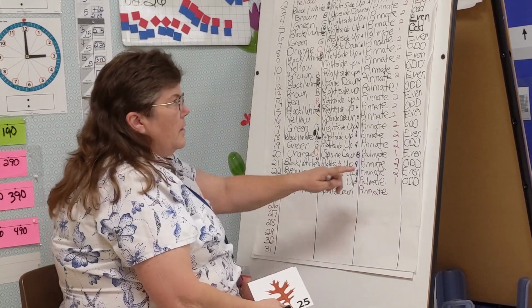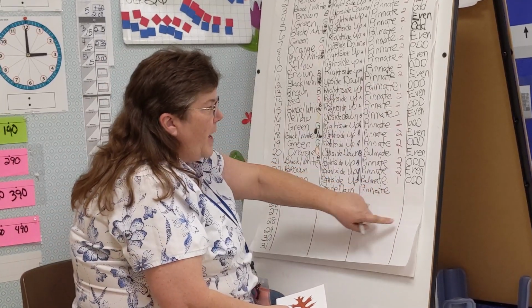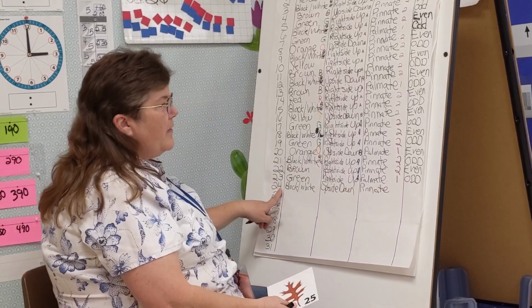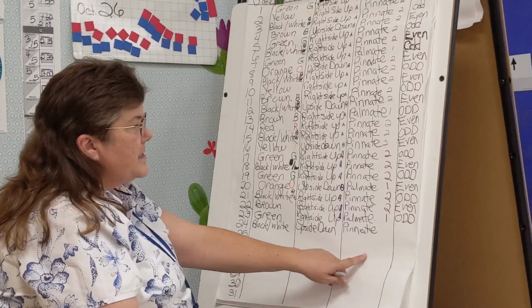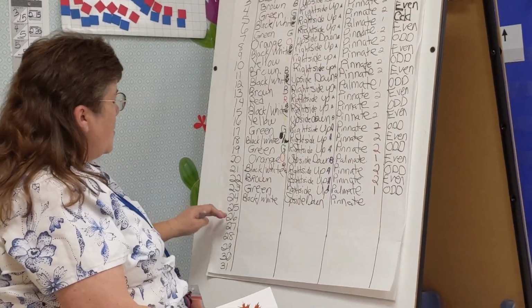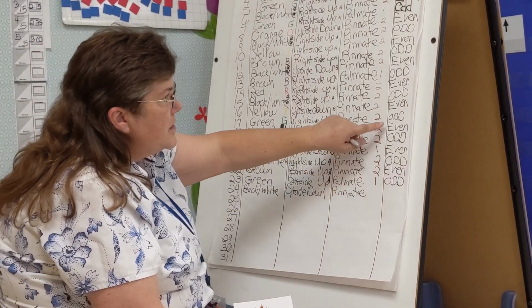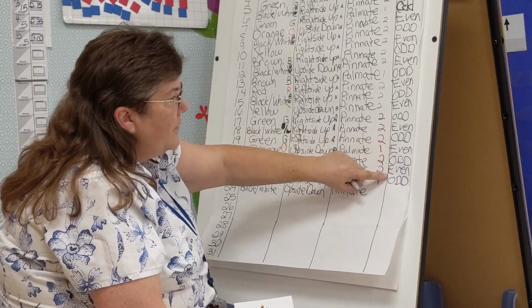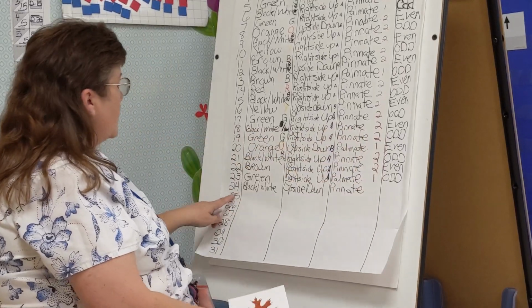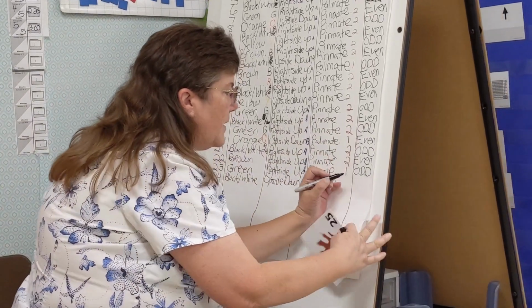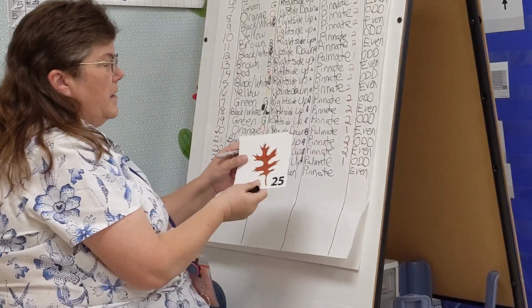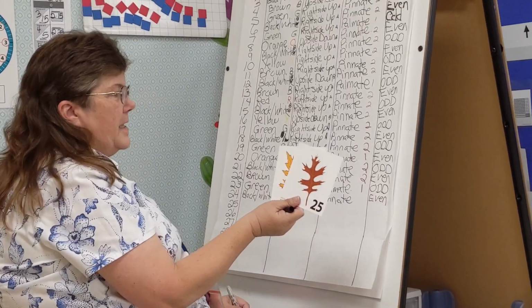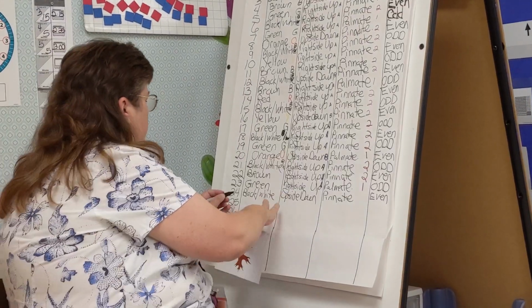Okay. We can look at our pattern to see if the number 24 is an odd or even. I'm only going to do number 26, so let's do 24 and 25 together. So even, odd, even, odd, even, odd, even. 24 is definitely an even number. Okay, 25. I've got brown.